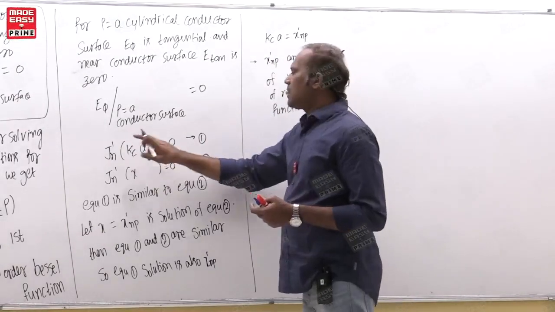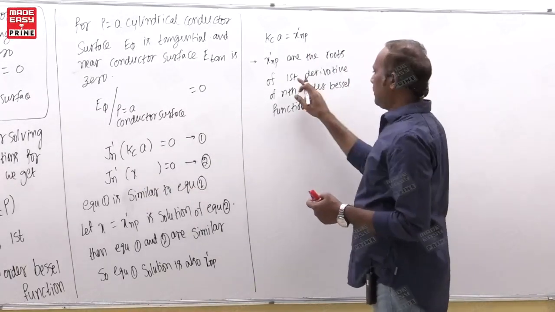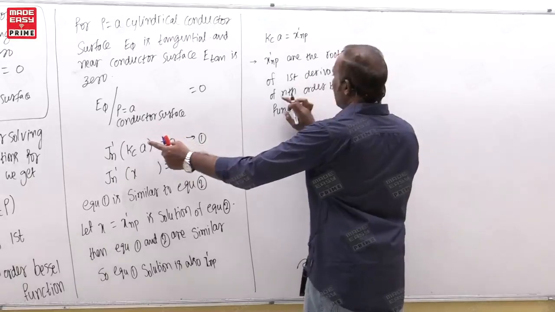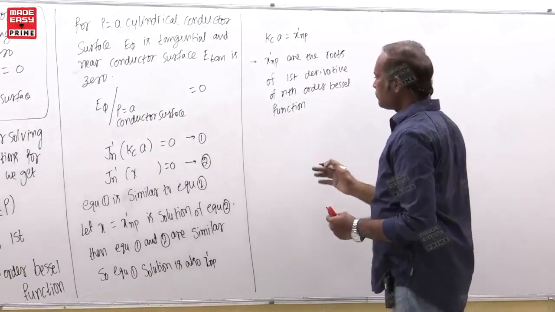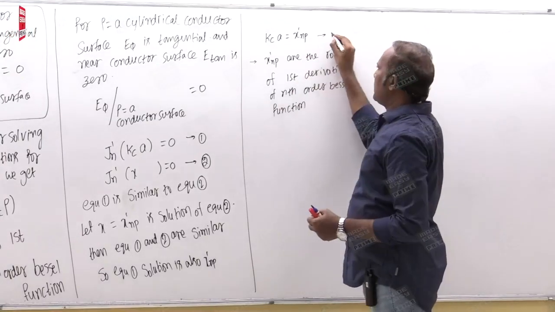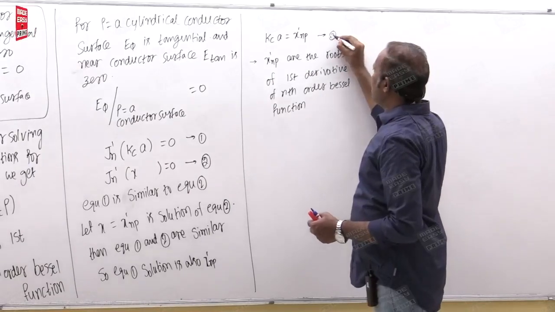Dash means first derivative, n means nth order Bessel function. Now coming to this, this is equation number 1, 2, 3. This is equation number 3.